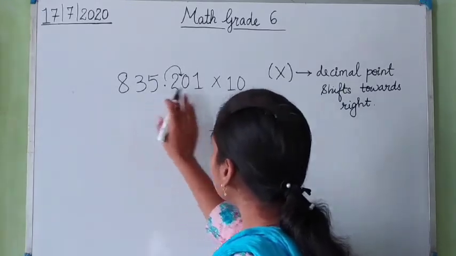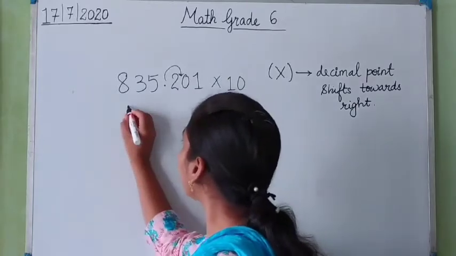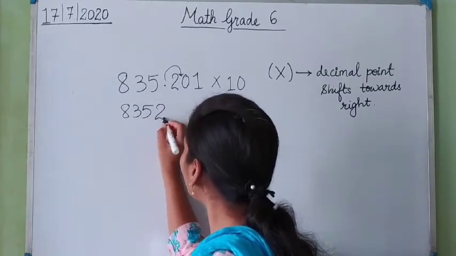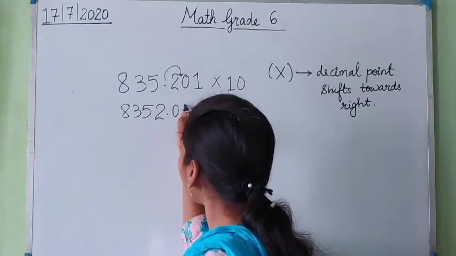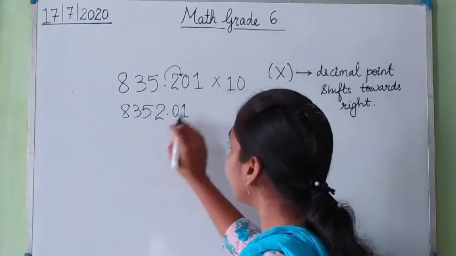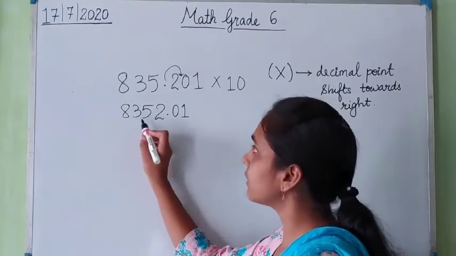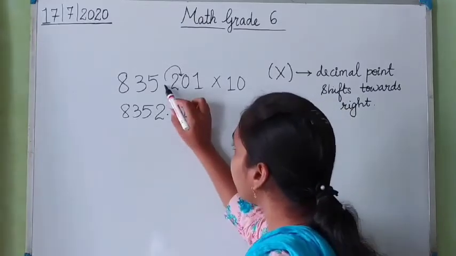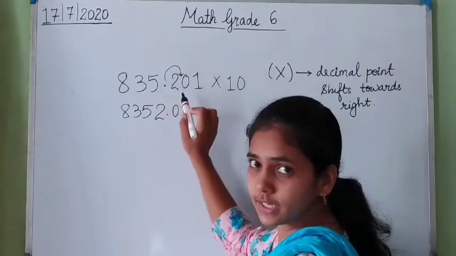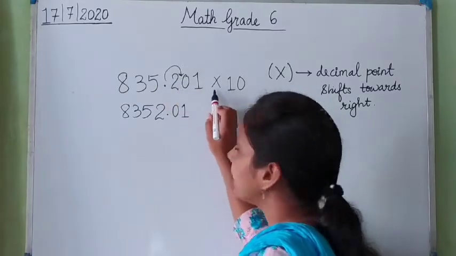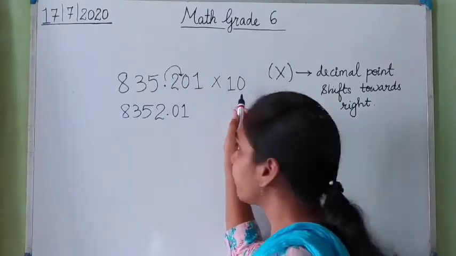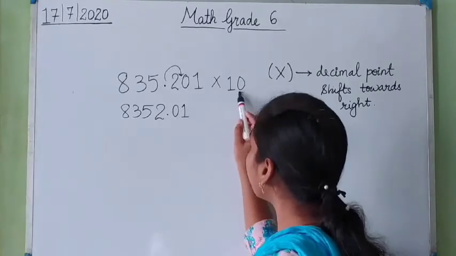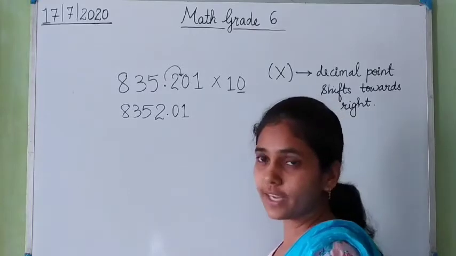After multiplying the given number by 10, it becomes 8352.01. That means the decimal point is shifted towards the right by only one digit, because there is only one zero in 10, right?